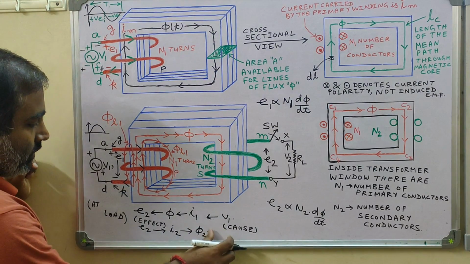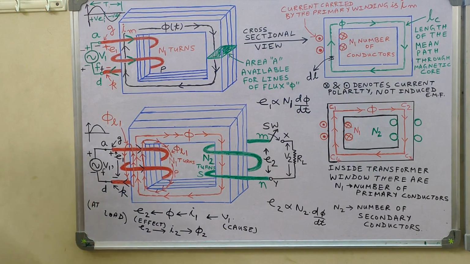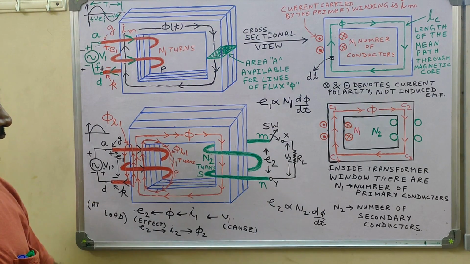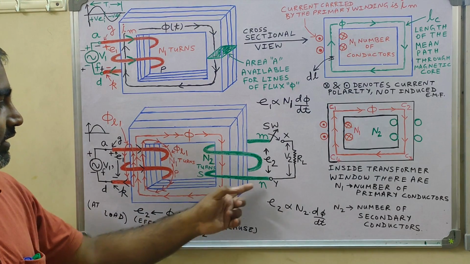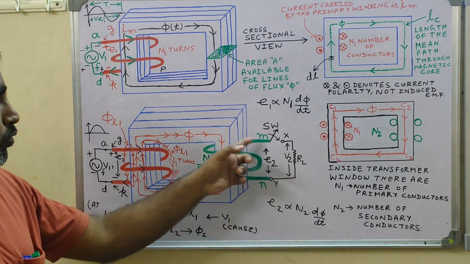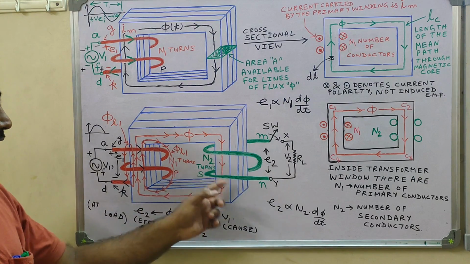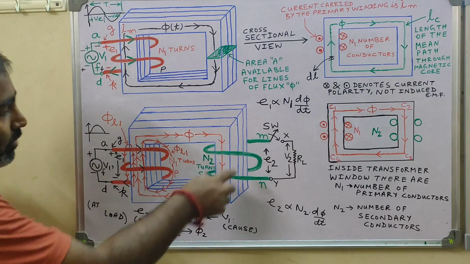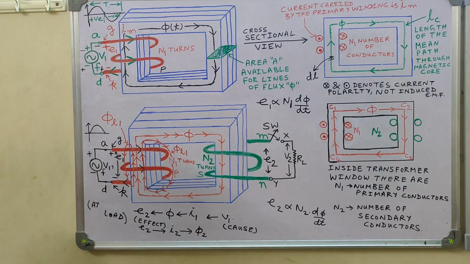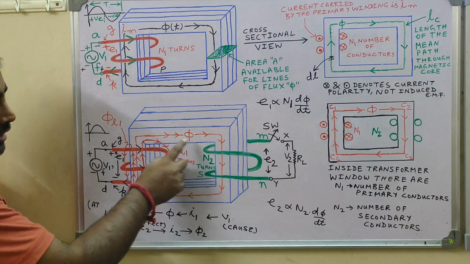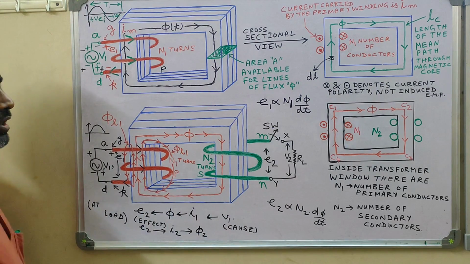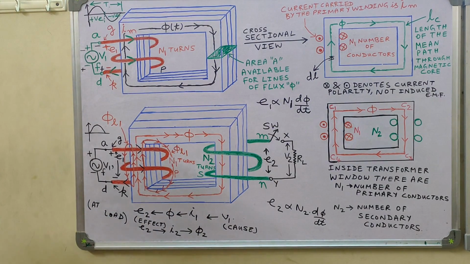Or this may be the way of explaining that if you close the switch SW, then a current will start flowing through the secondary coil. Now the moment current starts flowing through the secondary coil, because you have closed the switch SW, that secondary coil current will have its own flux, and that flux should oppose the previously established mutual flux φ in the core. This is according to Lenz's law.